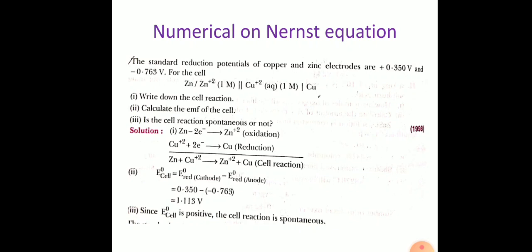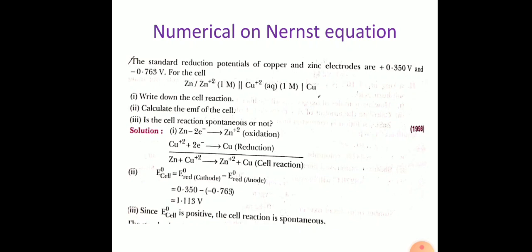Let us see how we can solve it. First, we'll write down the cell reaction. From the cell representation given above, on the left hand side of the salt bridge oxidation takes place, and on the right hand side reduction.